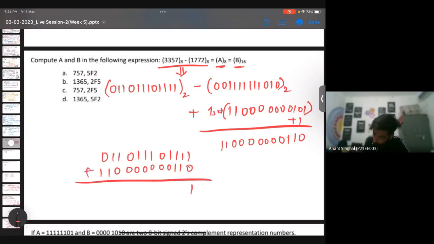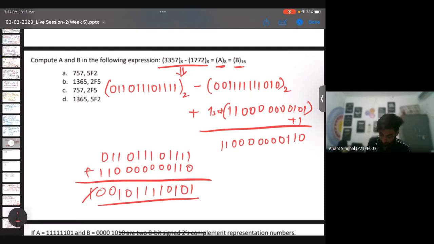This is 1, then 0, then 1, then again 0, then 1, 1, 1, 1, 0, 1. 1 and 1 will be again 0, and then 1, 0. We can discard the carry, so directly the answer to this problem will be this. Now we can make a pair of 3 to get the octal equivalent of it.